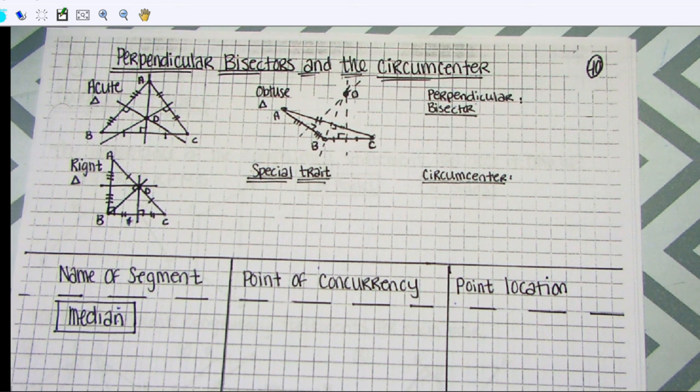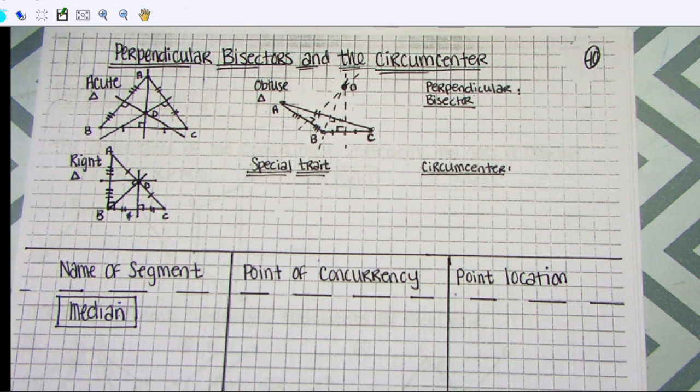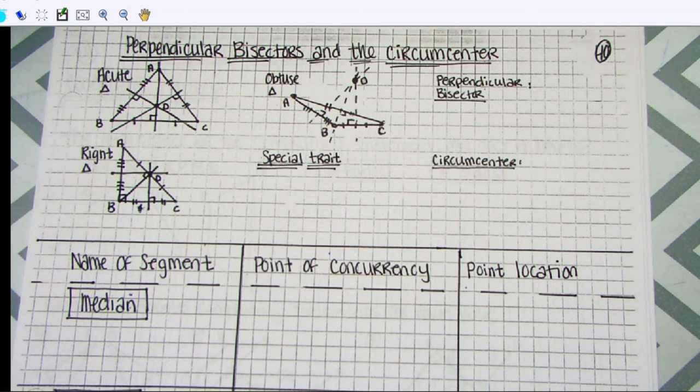A perpendicular bisector you've learned before in your first class of geometry. A perpendicular bisector goes through a side, makes 90 degrees, and goes through the middle. So it does two things.